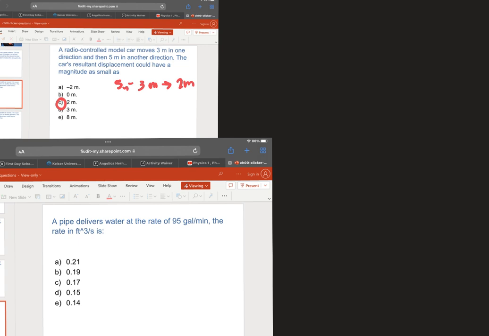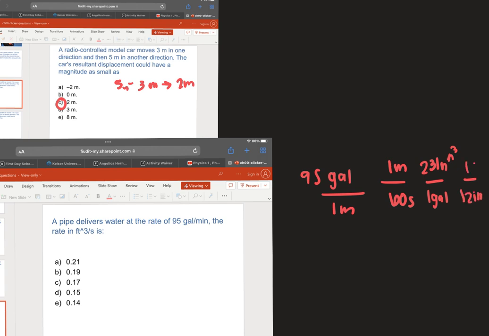And for here, it's pretty simple, but we first have to convert. So we have here 95 gallons in 1 minute. We know that 1 minute equals 60 seconds, so that converts it already to seconds, and that 1 gallon equals 231 inches to the third, and that we know 12 inches equals 1 foot.